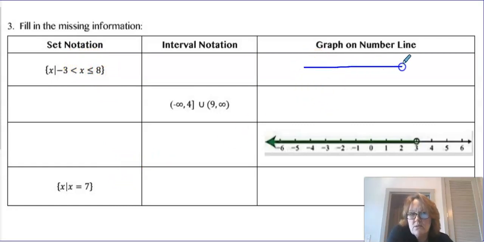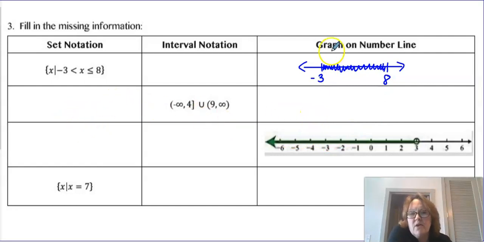Okay, so let's draw a number line. And on this end, let's put our -3. And then on this end, let's put our 8. Okay, so because the x is in the middle of these two things, this is telling me that this includes everything that is between -3 and 8. So if I was going to color this in, you can color it like this, you can just make it bold, whatever.